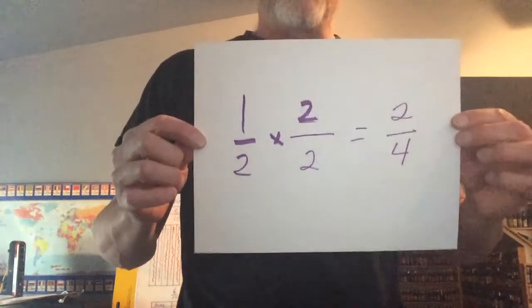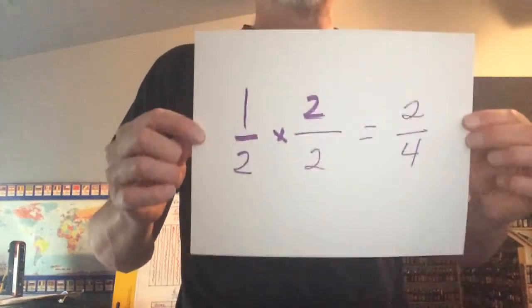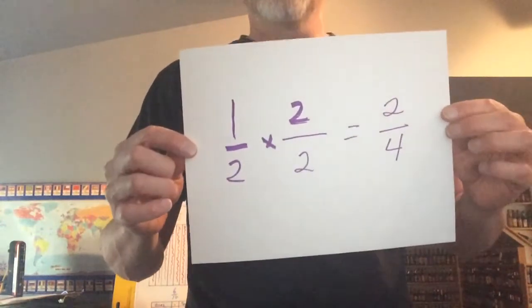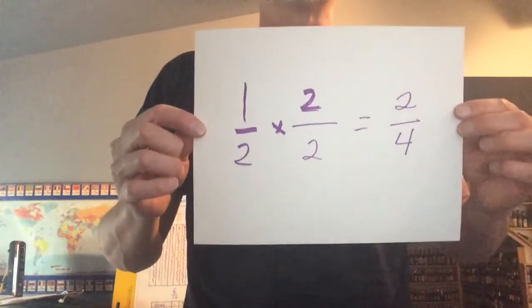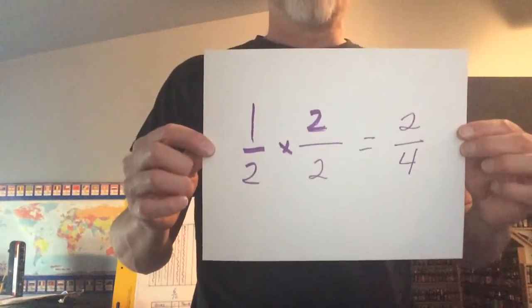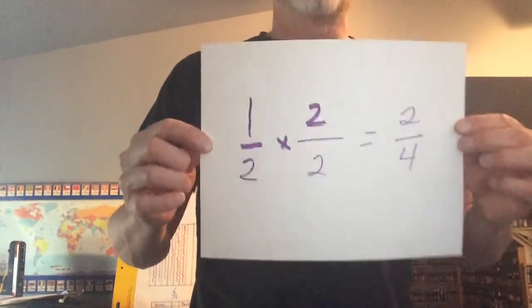That would give you 2/4, and therefore 2/4 is an equivalent fraction to 1/2. If you wanted to use 10/10, it would be 1 times 10, which is 10, 2 times 10, which is 20, and 10/20 is also an equivalent fraction for 1/2. Okay, that's just a little review.